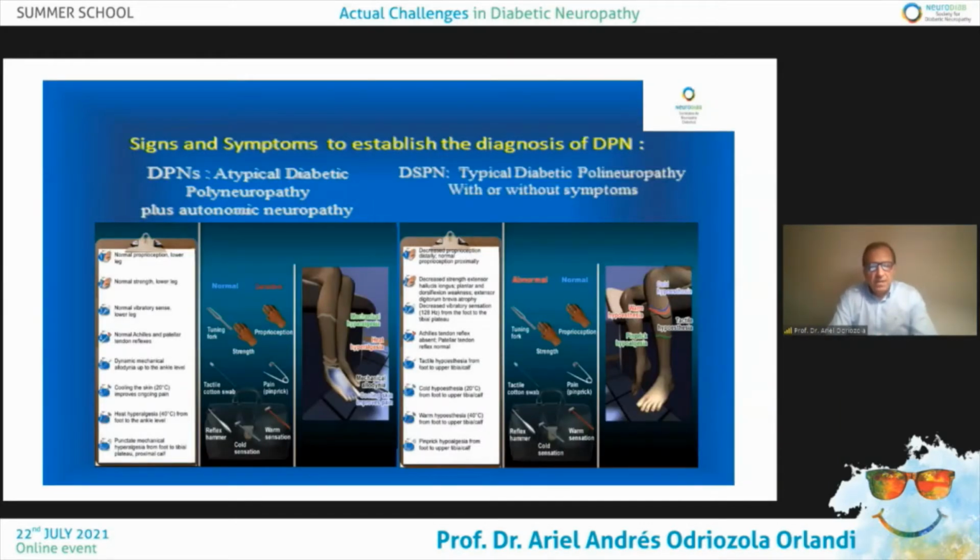Here you can see 2 different pictures of the clinical picture of atypical and typical diabetic polyneuropathy. In the atypical form, the onset of symptoms may be acute, subacute, or chronic, but the course is usually monophasic or fluctuating over time. Pain and autonomic symptoms are typical features, and altered immunity has been suggested.